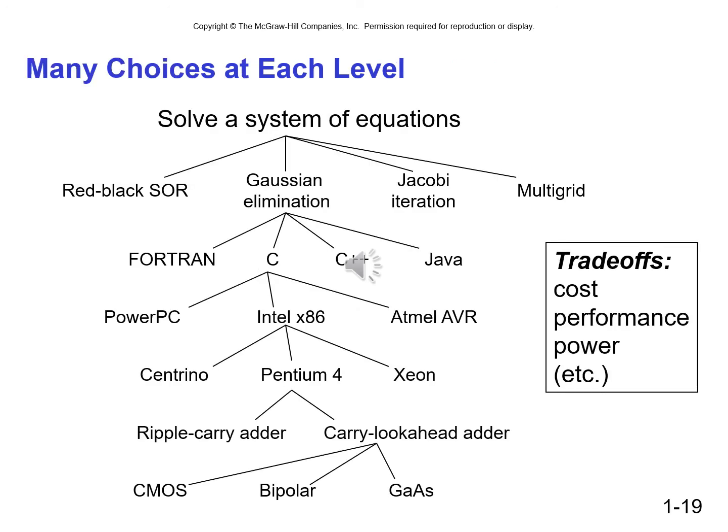There are many moving parts on this slide. And it represents the choices at each level of abstraction. And we're going to spend the majority of our time in the level that has PowerPC, Intel x86, Atmel AVR.